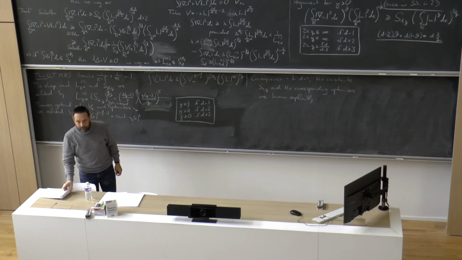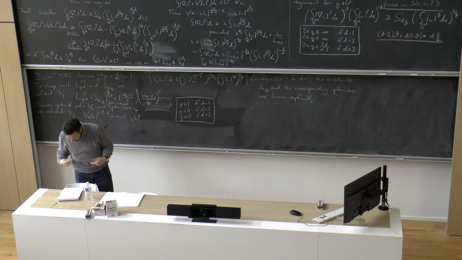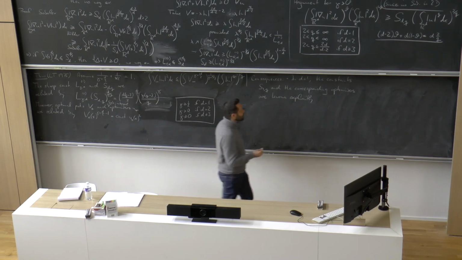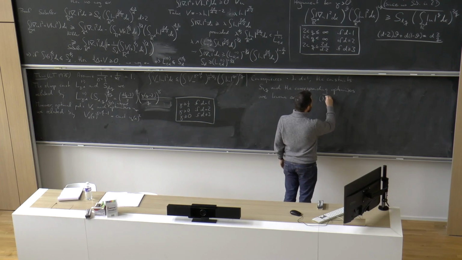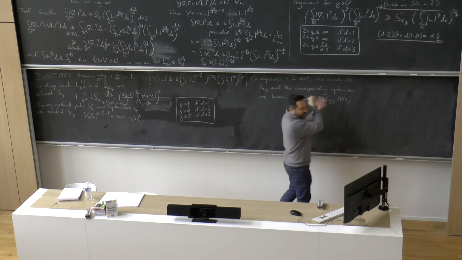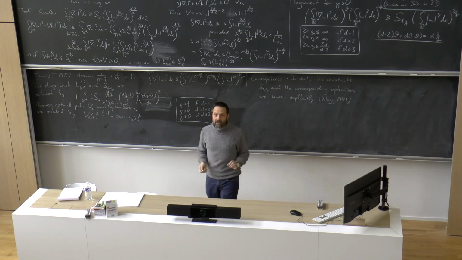In one dimension things become simpler because the Euler-Lagrange equation becomes an autonomous ODE, and those you can solve. And actually, this was done by Nagy already in 1941, just finding the sharp constant.